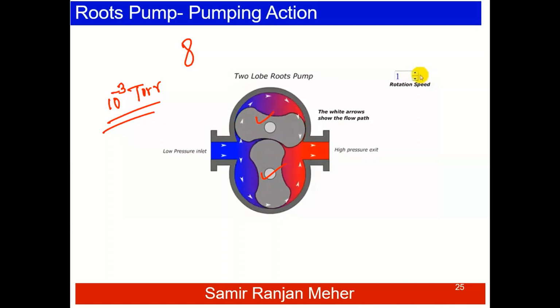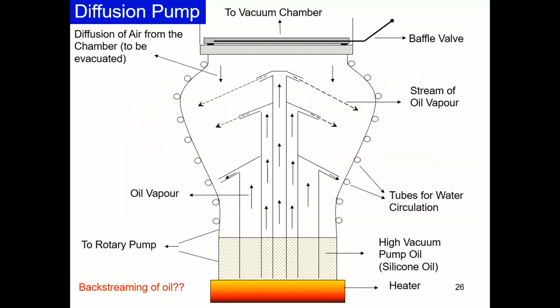So these two are the positive displacement pumps, where mechanically we take the gas from the chamber to the atmosphere. Now this is the diffusion pump, which works on the momentum transfer principle, because at lower pressure we can no longer mechanically drag the gas molecules from the chamber to the atmosphere.